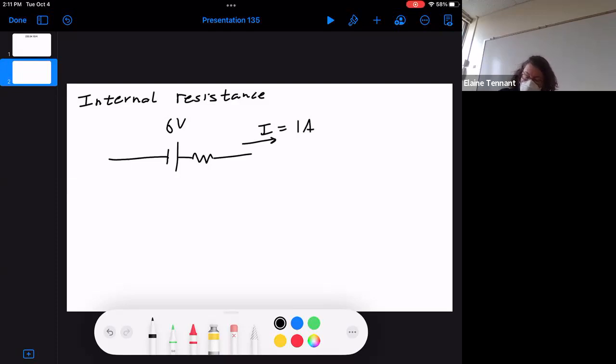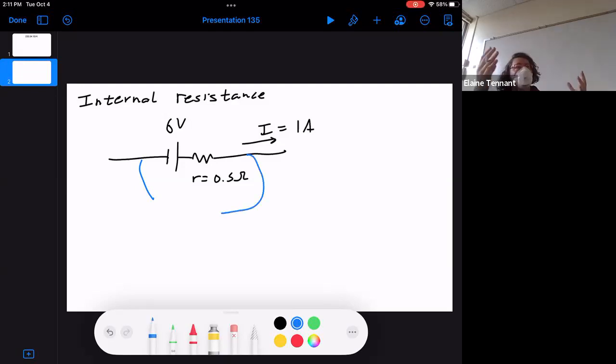But this internal resistance, maybe I have an internal resistance of like 0.5 ohm. Not a very big resistance, but I have some resistance. When I measure from here to here, remember that resistor is part of the battery.